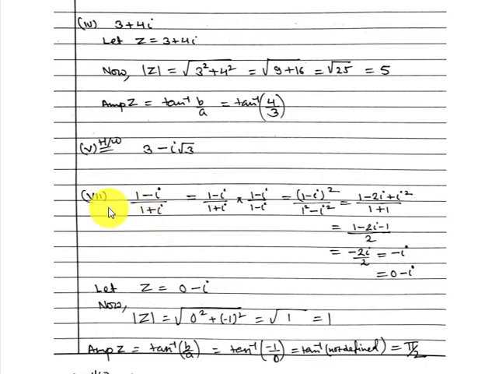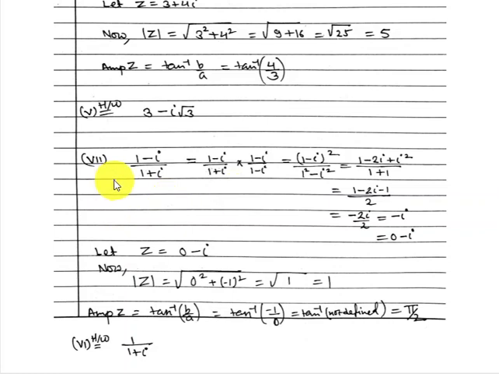And next, the 7th, here I've got 1 minus i upon 1 plus i. Clearly this is not in the form of a plus ib. So first you have to simplify it and get this into a plus ib form. For that, you know that in the denominator we should not have any i term.